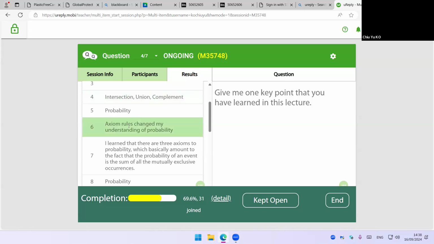For those who feel the axioms are difficult to understand, that is natural. Remember, it took 300 years for smart people, mathematicians, to really come up with the axioms. So it's not that easy.